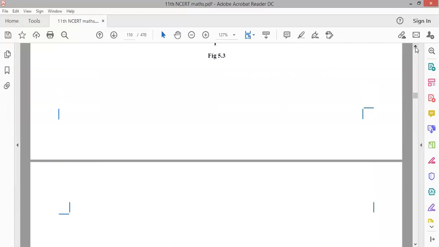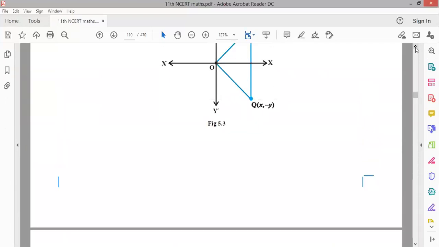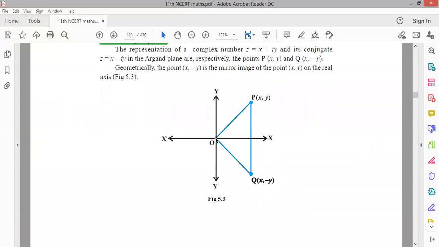In this triangle, this is the distance along the x-axis, x units, and this is the distance along the y-axis, y units. And the distance between the origin (0, 0) and P of (x, y) is called the modulus of the complex number.